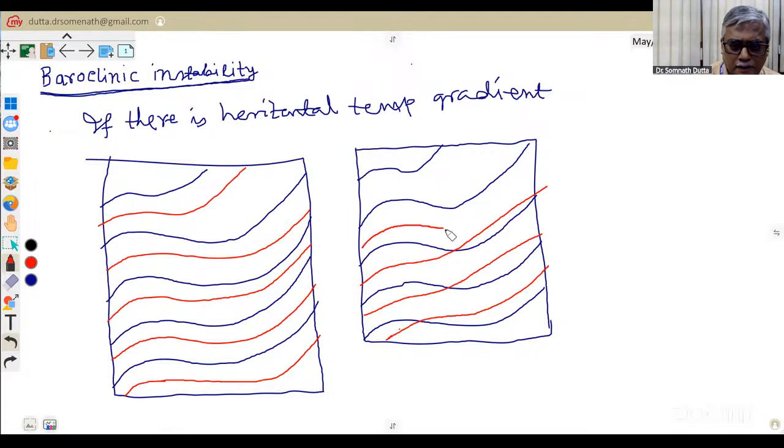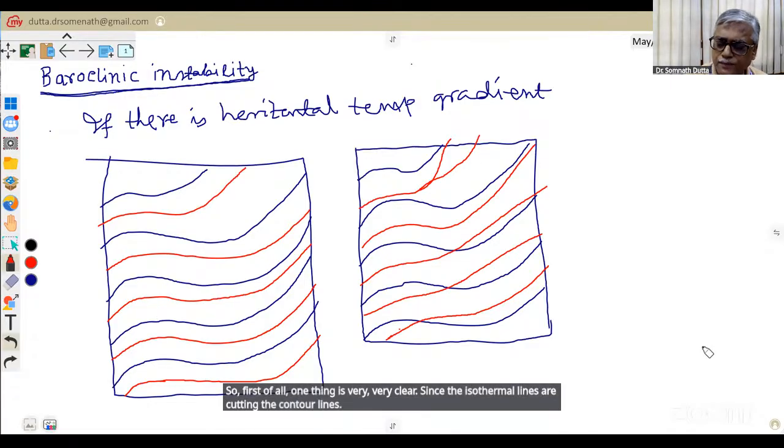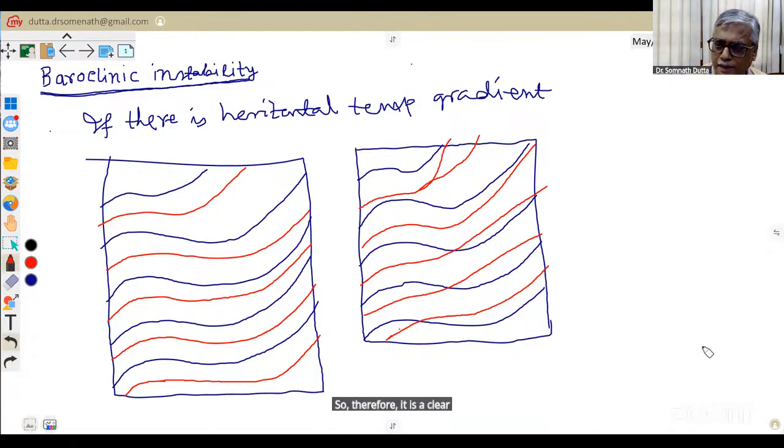So first of all, one thing is very clear: since the isothermal lines are cutting the contour lines, it is a clear-cut baroclinic atmosphere. This is number one. But now let us consider another case.